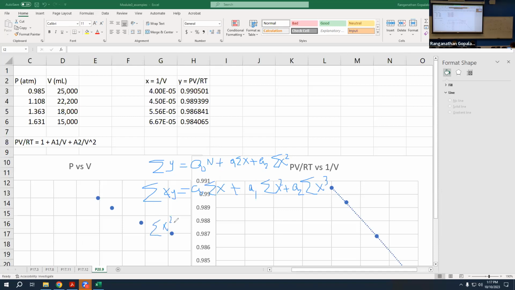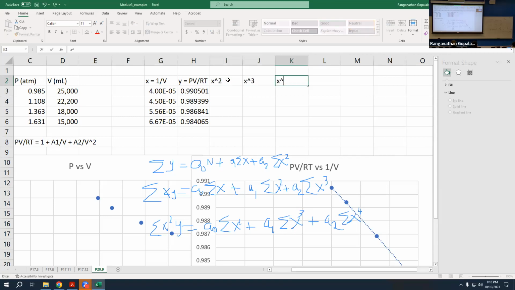Sigma x squared y equal to a naught sigma x squared plus a1 sigma x cubed plus a2 sigma x power 4. That is 3 equations in 3 unknowns that you need to solve for. So let's start working this out. X squared, x cubed, x to the 4th, xy, x squared y.